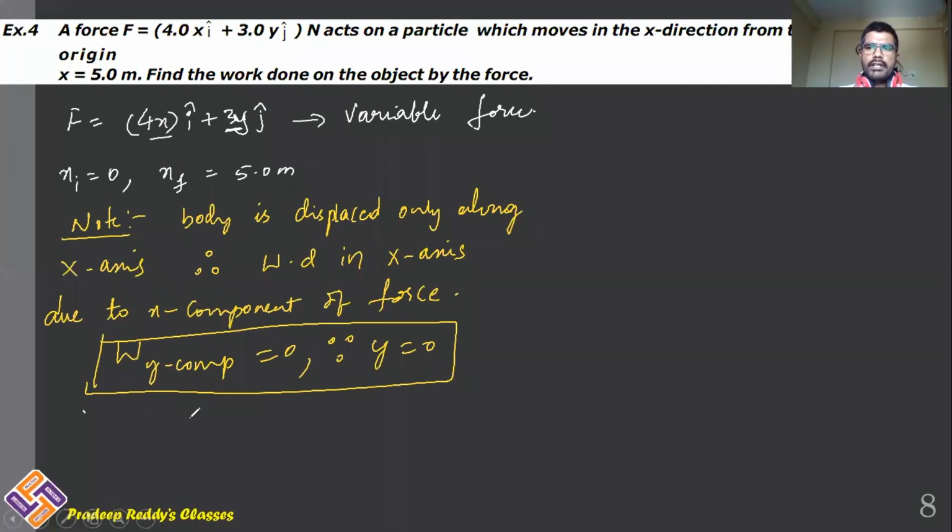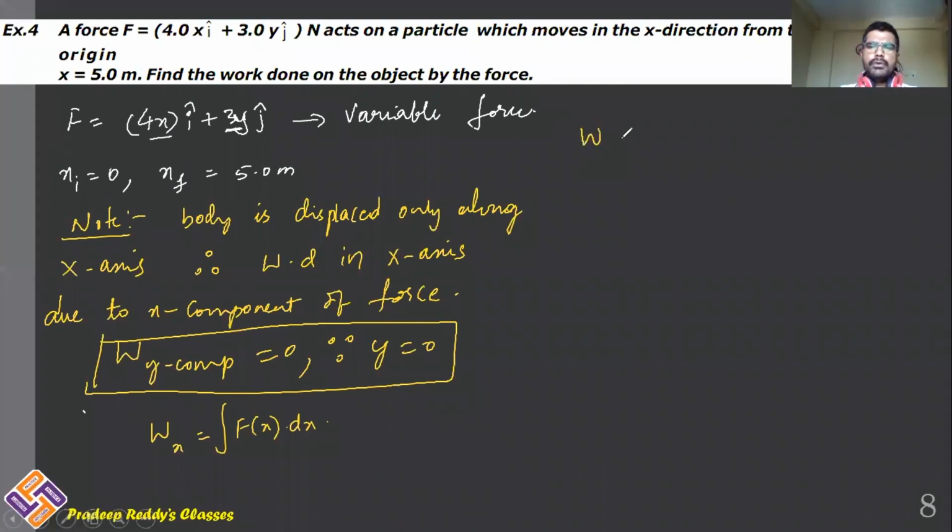Now I want to find the work done by that x component. Work done by the x component is equal to integral of f of x into dx. As we have discussed earlier, whenever there is a variable force, you go for the integration technique.